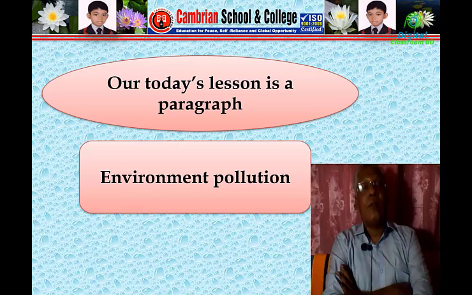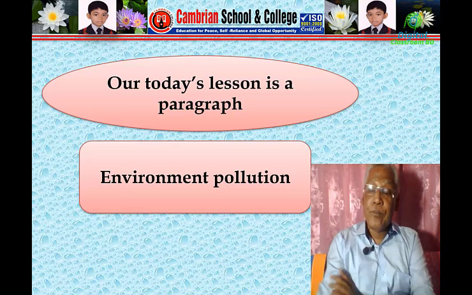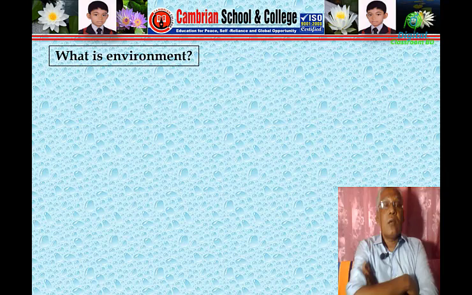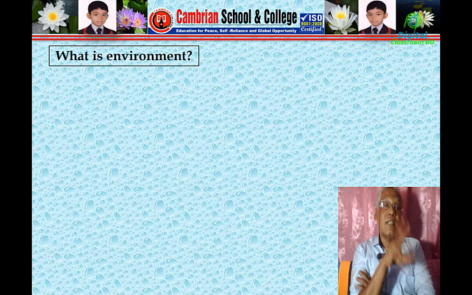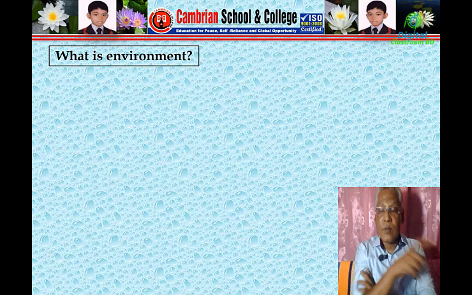Environmental pollution. So you can guess what the environment is. First of all, you have to answer this question: what is the environment? You have already got this answer from the passage.